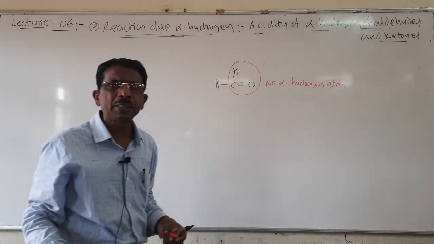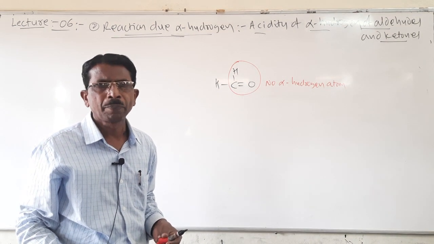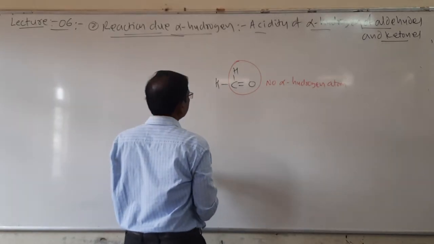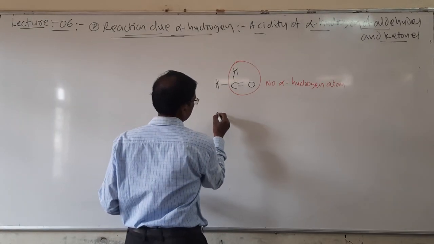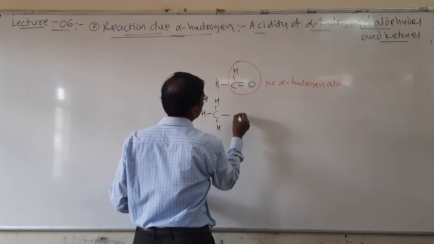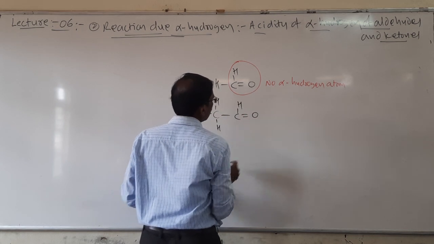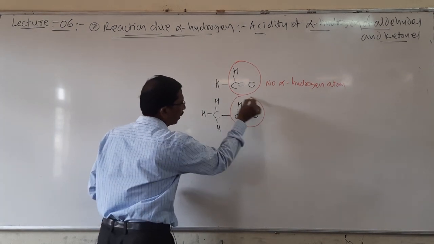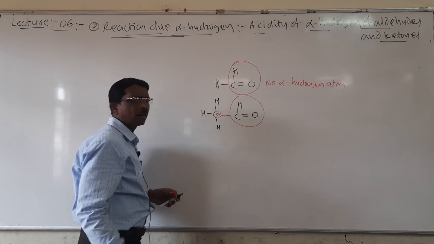Alpha hydrogen atom means the hydrogen must be attached to the alpha carbon atom. Look here, students. Here is the functional group, and the next carbon is called alpha.